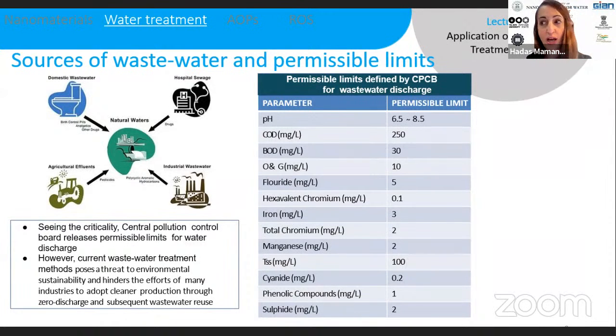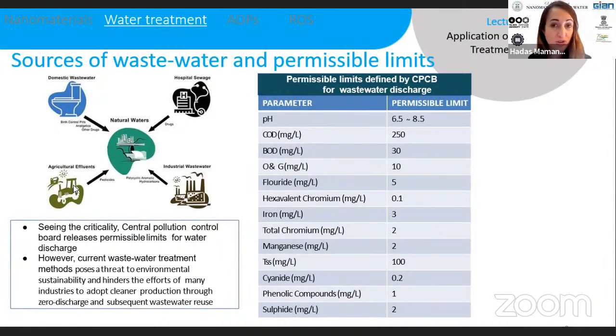There are also regulations and standards that allow discharge to the sea, but again, it depends on the type of industry, the type of pre-treatment, and so on.